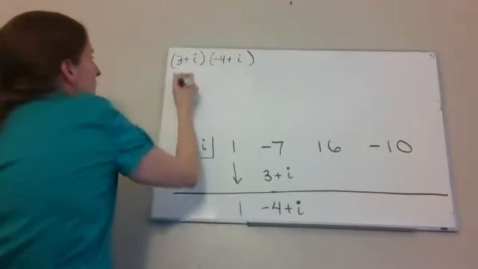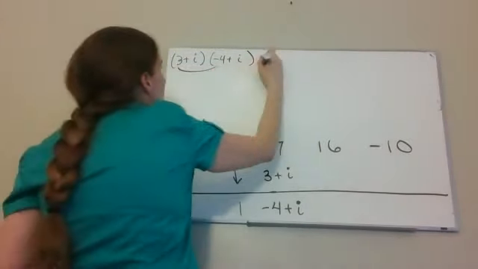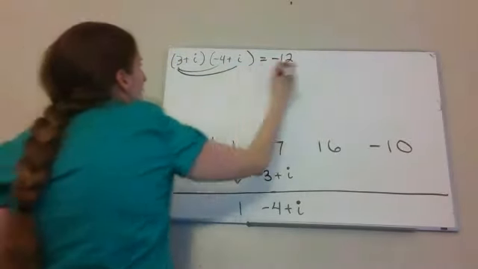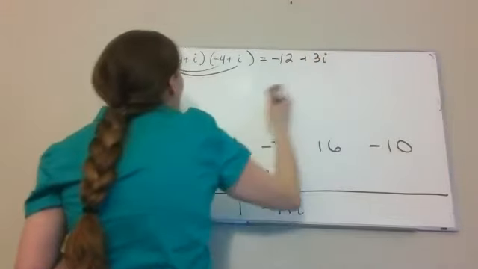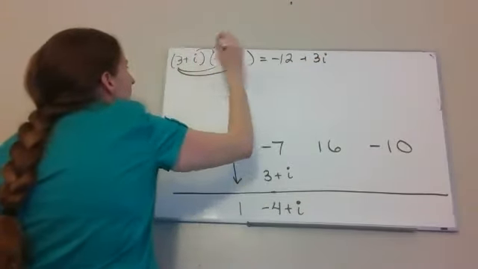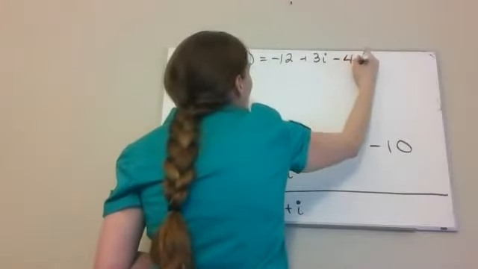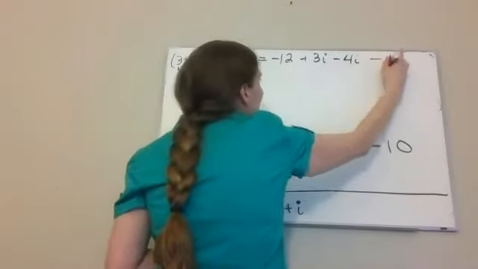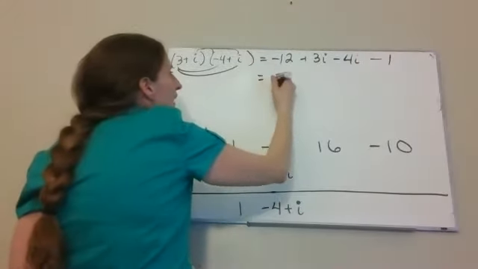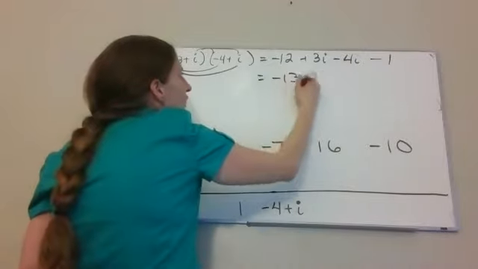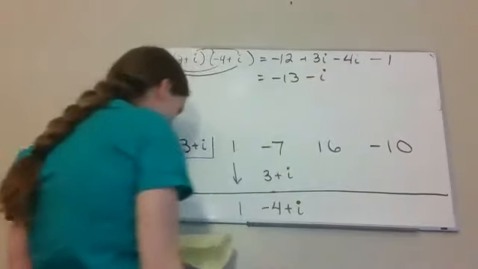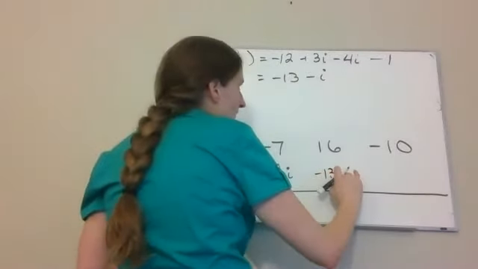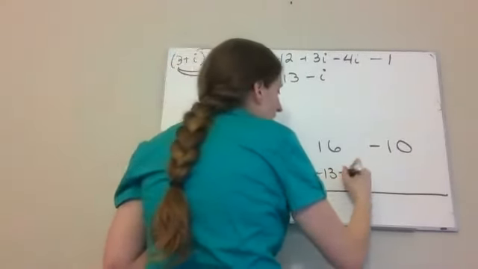We have to distribute. 3 times negative 4 is negative 12. 3 times i is 3i. i times negative 4 is negative 4i. And i times i is i squared, which is negative 1. Then I combine like terms. I get a negative 13 and a minus i. So that's what gets to be written down in the next spot.